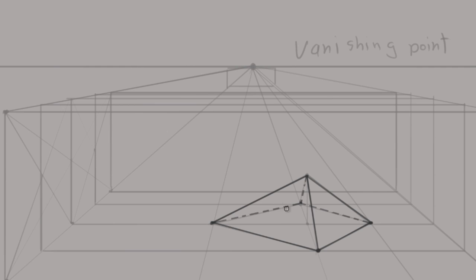As we said, these lines are not going to be visible to our eye, and that's why we draw them like that. Even this one in here, and this one. They're not visible to our eye, and they're going to stay like that.